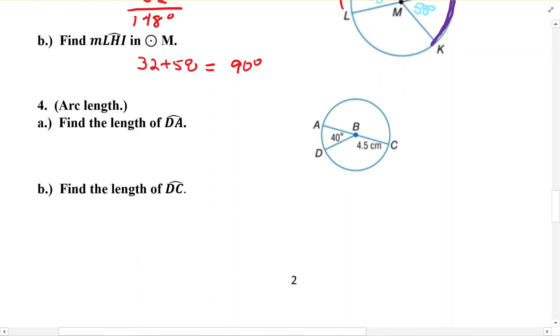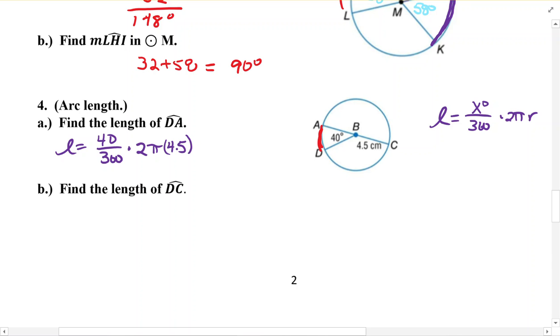On this one, I want to find, excuse me, not the length, I want to find the length of arc DA. So I'm going to use the formula that the length is x degrees over 360 times the circumference, which is 2 pi r. So this would be 40 over 360 times 2 pi 4.5, which is the radius.